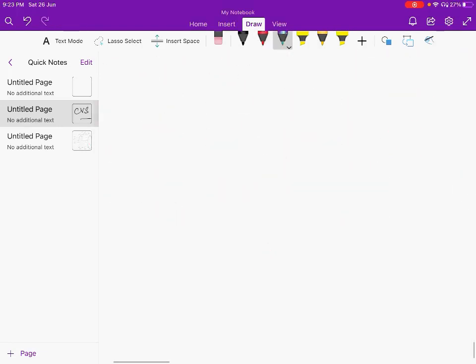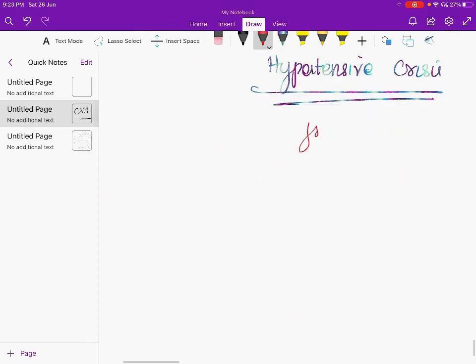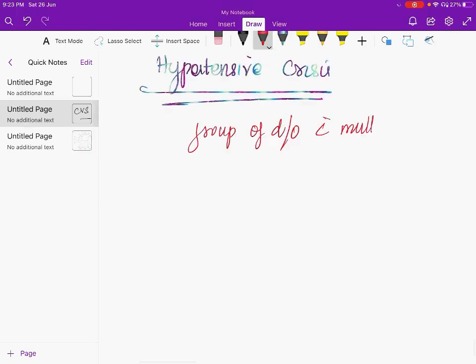Then coming to the fag end of the session, we have hypertensive crisis. So hypertensive crisis is nothing but a group of disorders with a multiple spectrum.